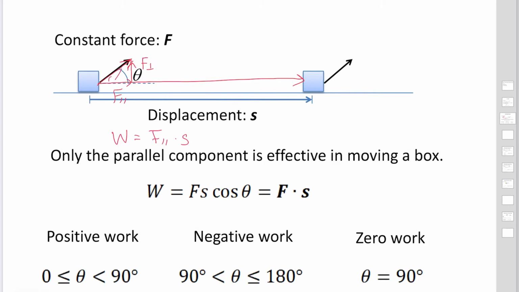If you consider this triangle, F parallel is equal to F cosine theta. So work is F cosine theta times the displacement. If you remember the definition of the scalar product, you can express this quantity using the scalar product, F dot S.